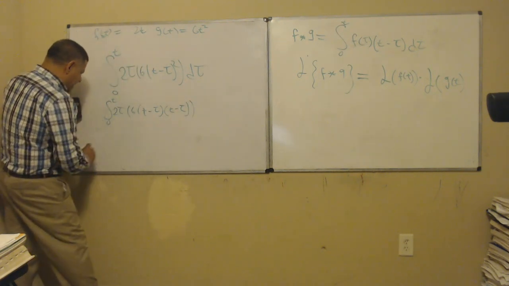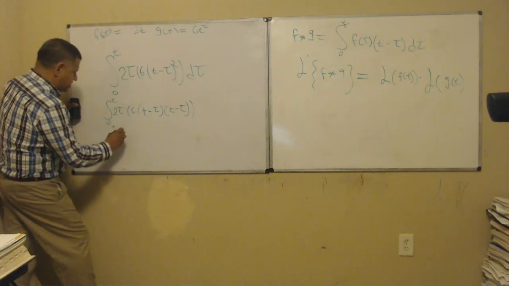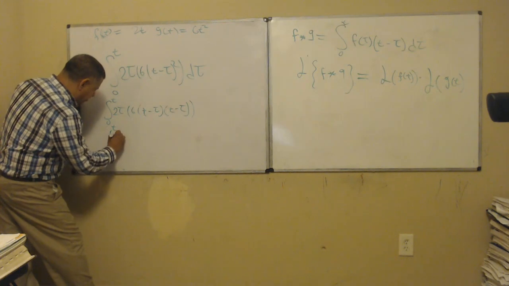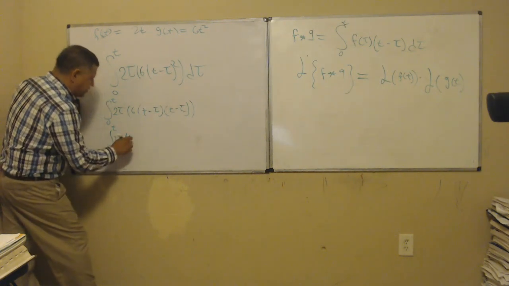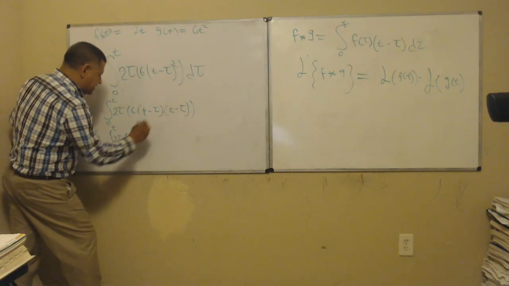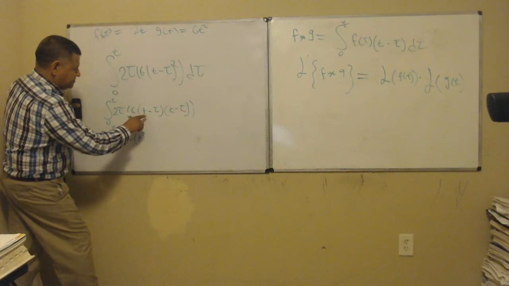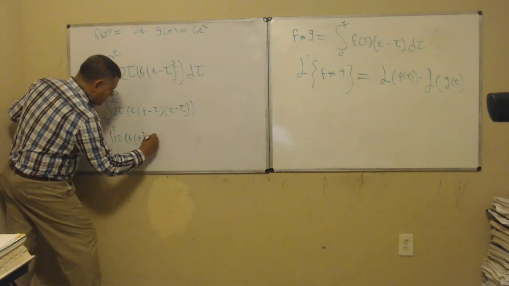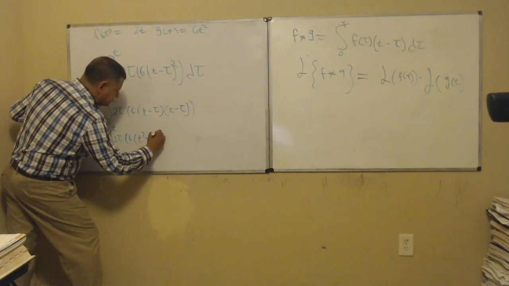So from 0 to t, I get 2 tau, and then 6 over here, and I get t squared, and I get minus t tau.